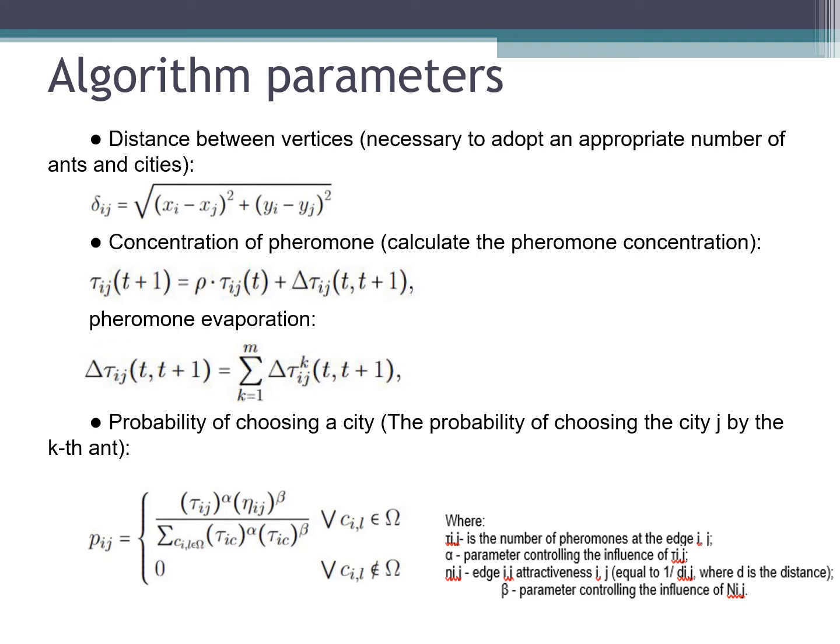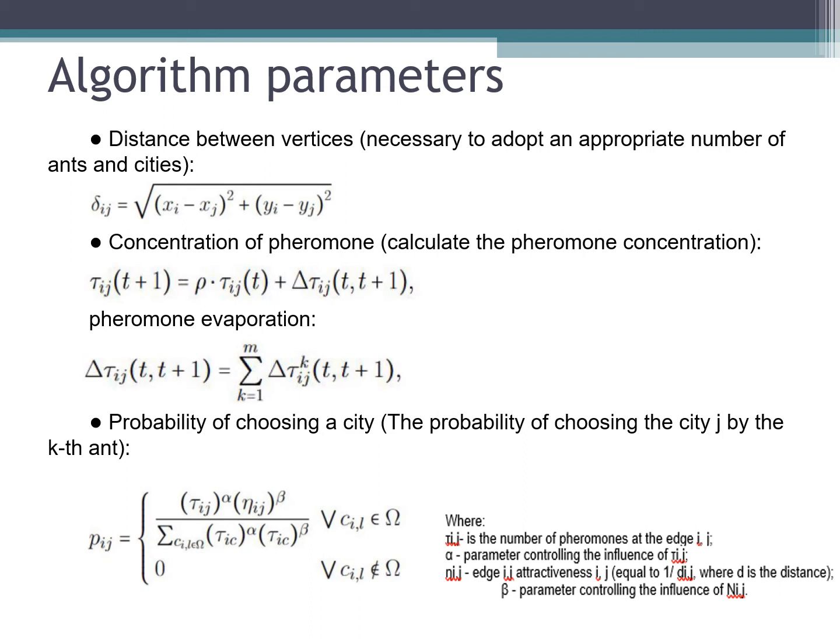Some of the important parameters are the distance between vertices, necessary to adopt an appropriate number of ants and cities. And this is the regular formula for distance between two points.